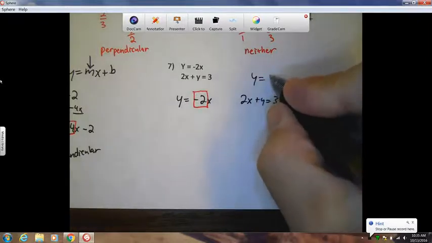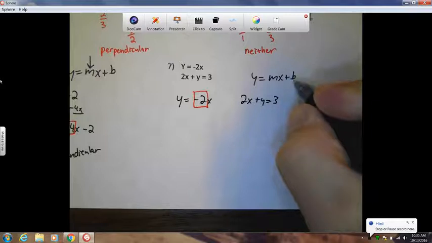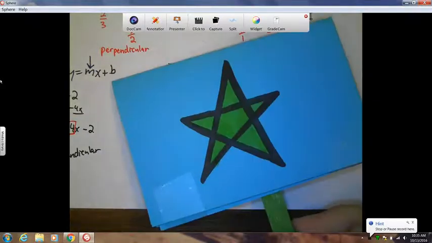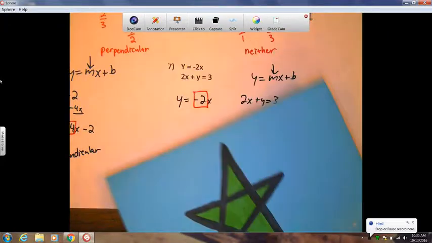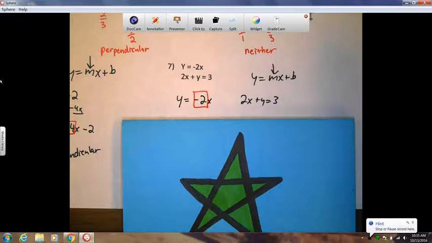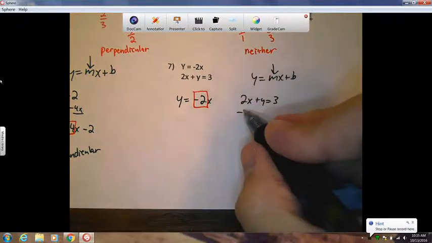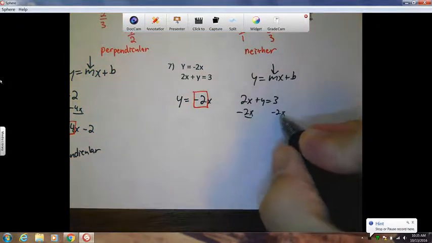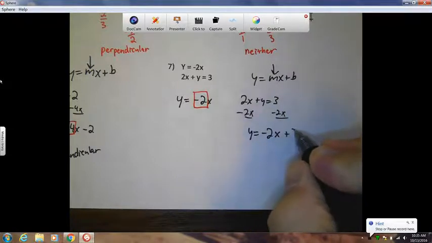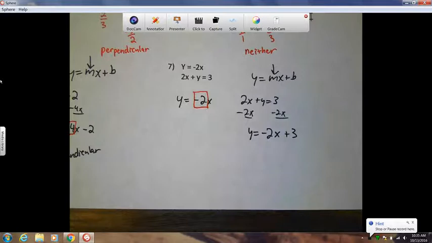Remember, y is the only thing on that side. So you don't have your slope until y is by itself. So subtract 2x. Y is equal to -2x plus 3. So slope -2. Slope is the same. They are parallel.